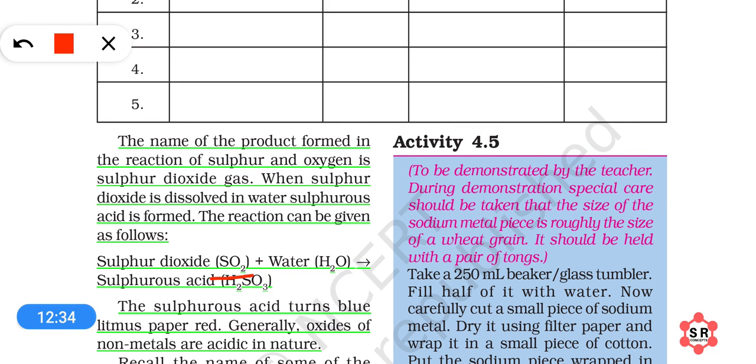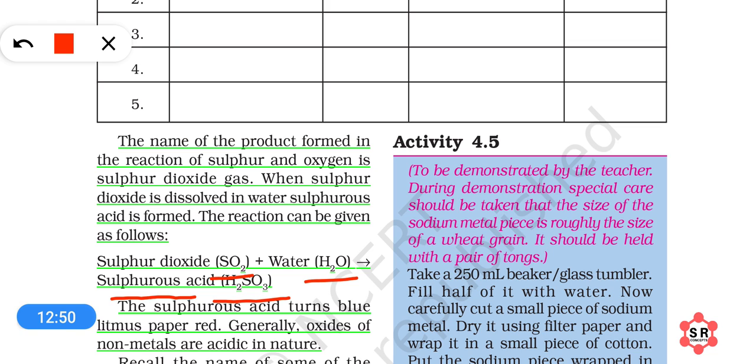So what reaction has happened? Sulfur dioxide reacts with water. When we mix the fumes with water, sulfur dioxide reacts with water and produces an acid known as sulfurous acid, H2SO3.